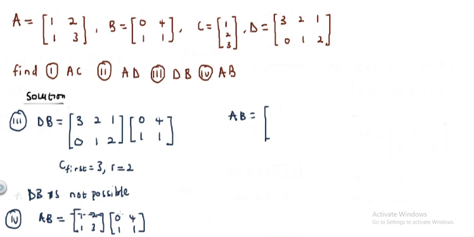So we will be saying 1 times 0 plus 2 times 1. We are done with the first column of the second matrix, so we can go to the second column. We'll say 1 times 4 plus 2 times 1.